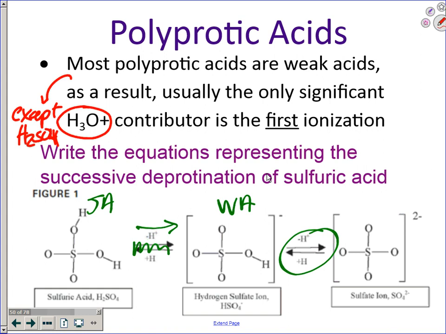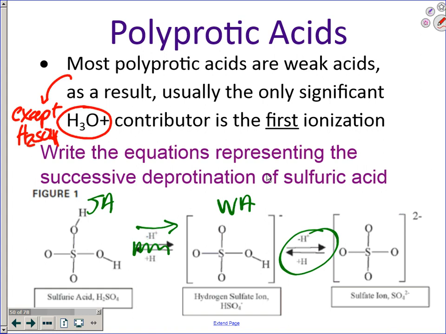So here's sulfuric acid, H2SO4, and I can add it to water, and then what does it produce? Showing one H+ being donated at a time: HSO4-, you must have your charges, and H3O+.